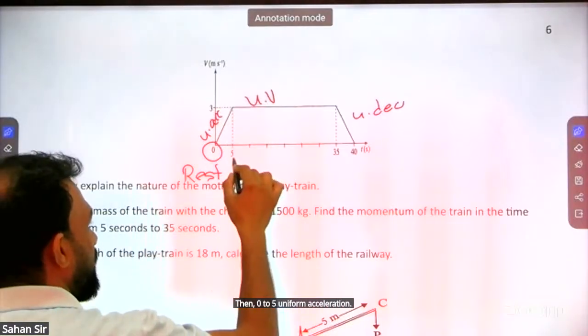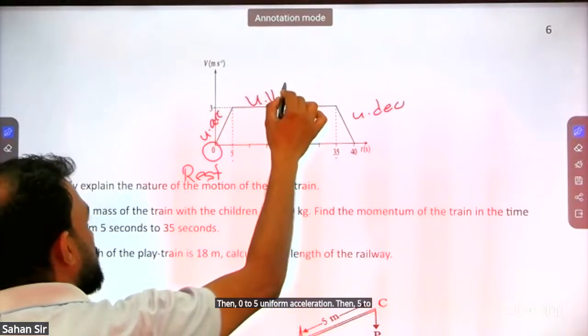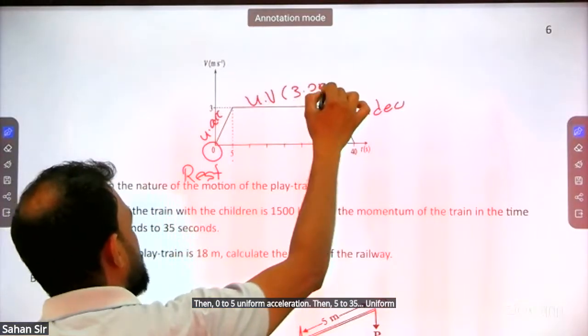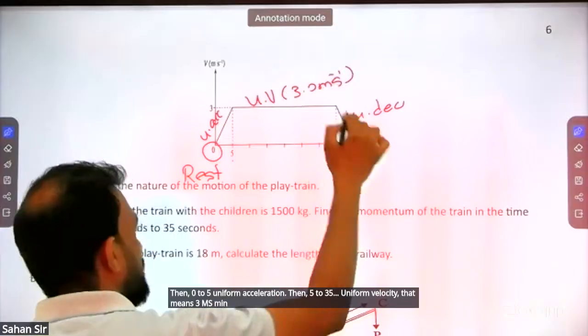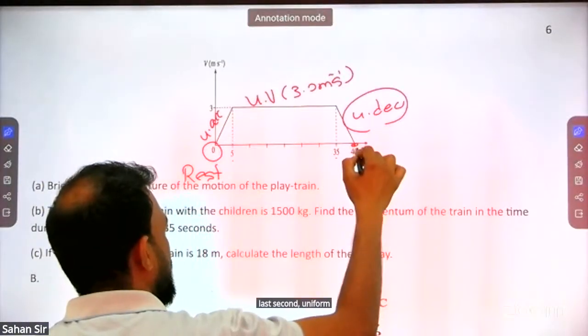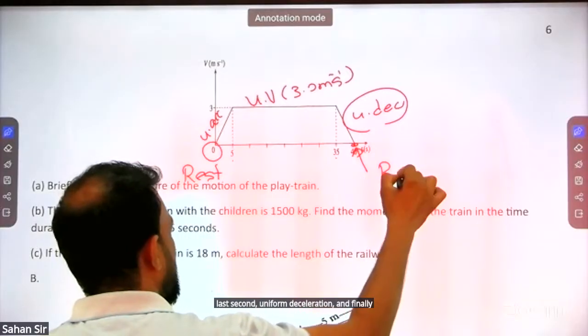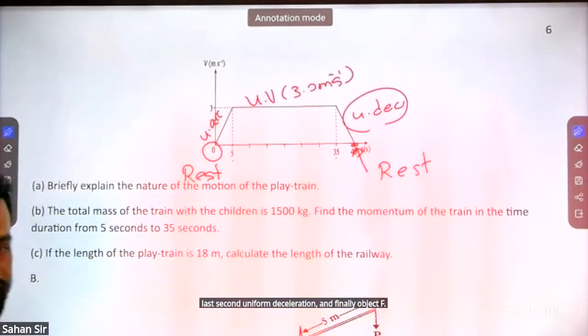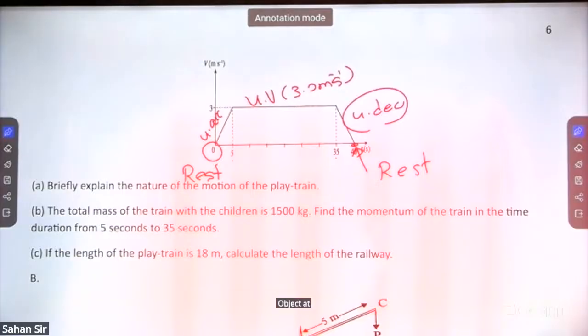Then 5 to 35 uniform velocity, that means 3 ms^-1. Last 5 seconds, uniform deceleration, and finally object at rest. Clear? Right.